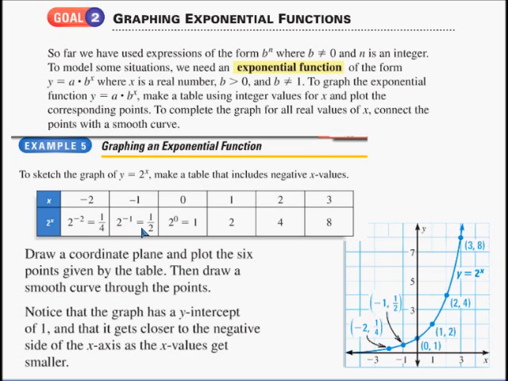This time we have, again, a negative exponent, which would give us the reciprocal 1/2. If we put in 0 as our exponent, it's going to equal 1. If we put in 1, that would be 2 to the first power, which is 2. 2 squared, 2 cubed. So you'll notice that each one of those points are plotted, and to connect those points, we would make a smooth curve.